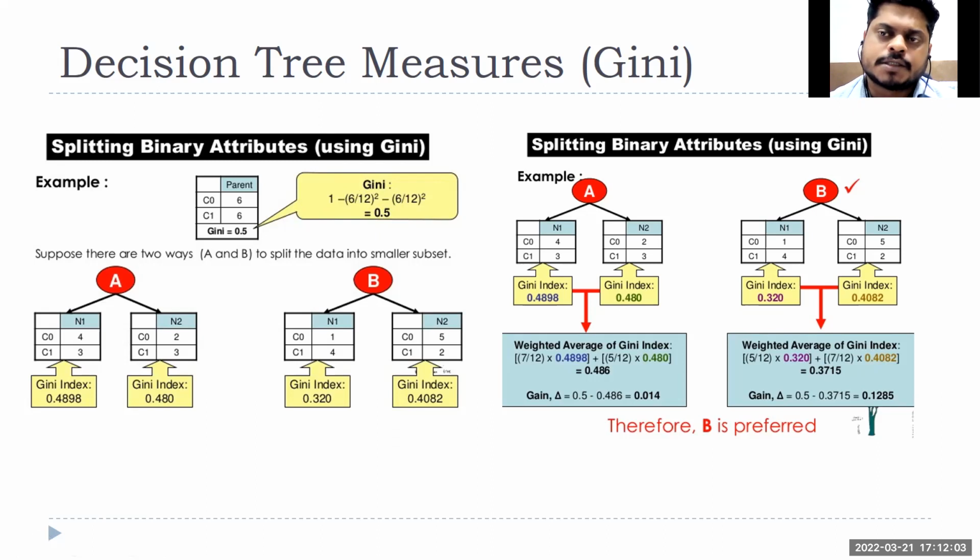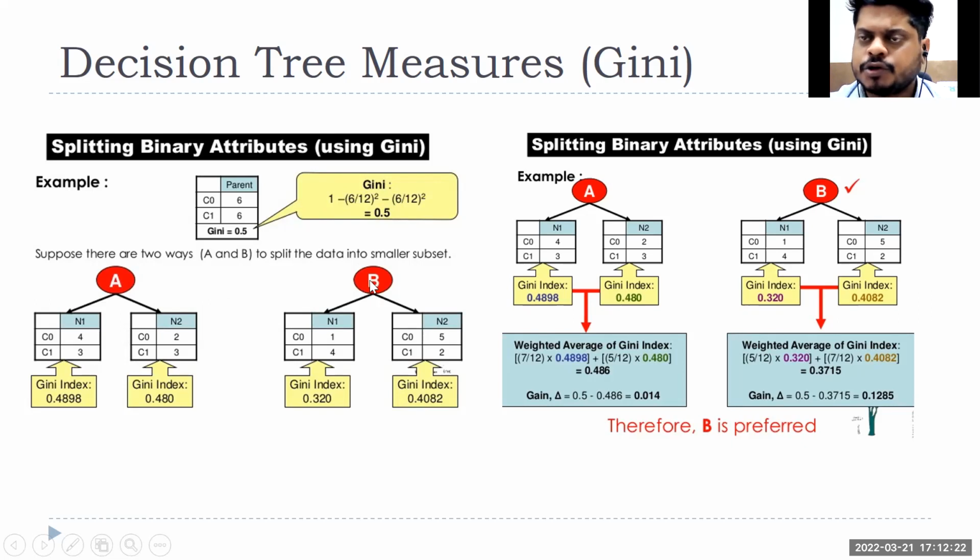Now let's say I have two different variables. B is the home ownership and A is the marital status, whether somebody is married or not.